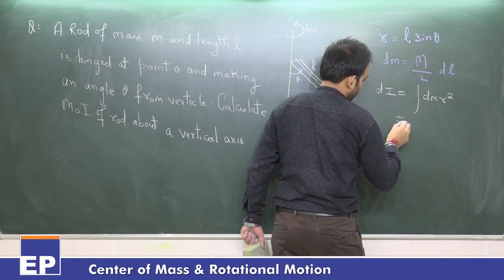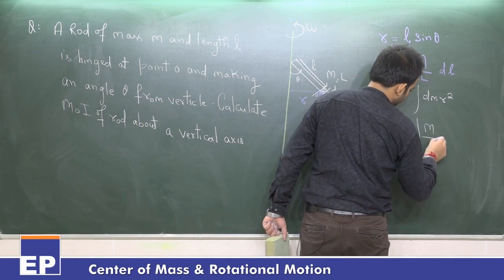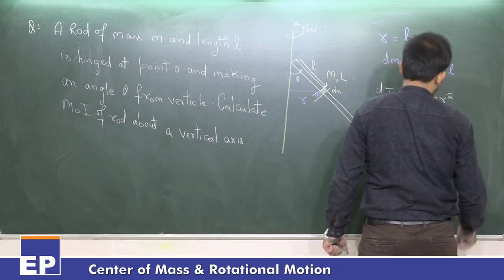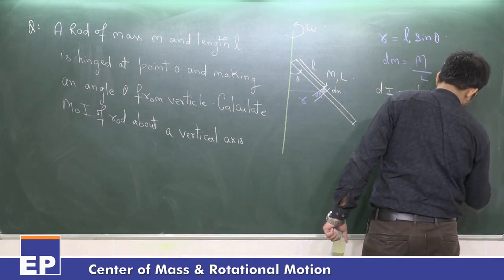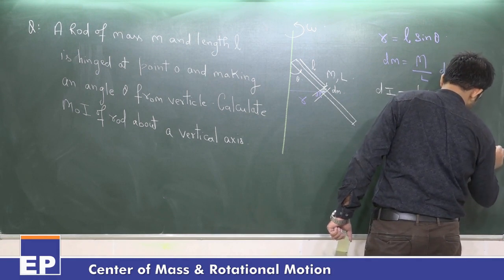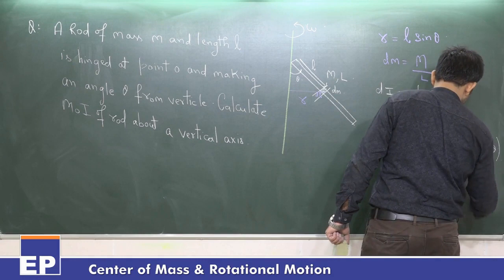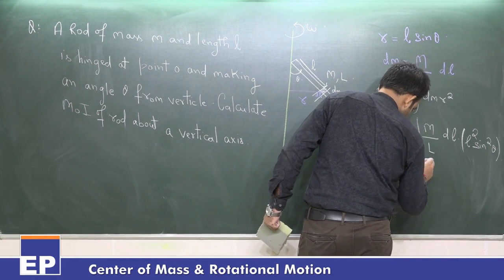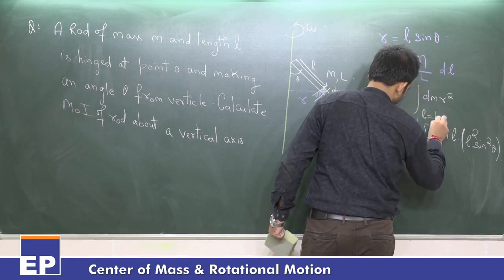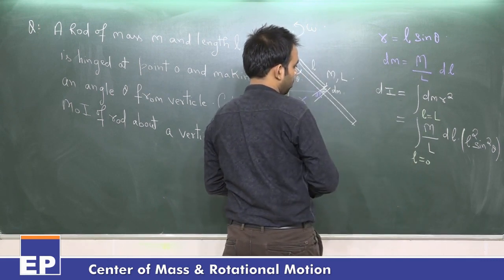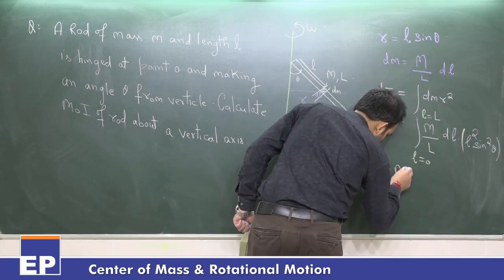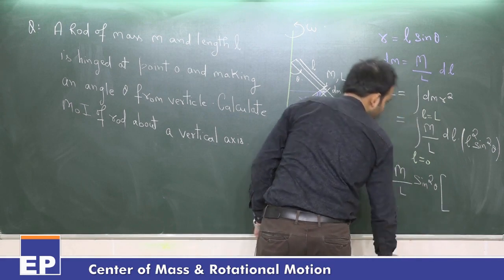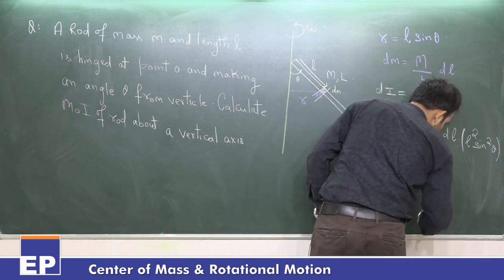Integrate this. Now what is dm? m by L into dl into r square. What is r square? That is l square sin square theta, where l is varying from 0 to L, capital L. Now theta remains same. m by L into sin square theta, and integration of l square is l cube by 3.